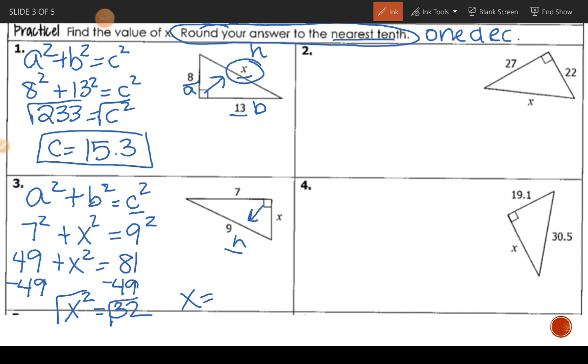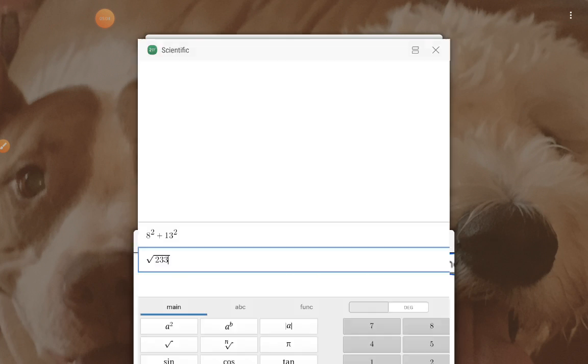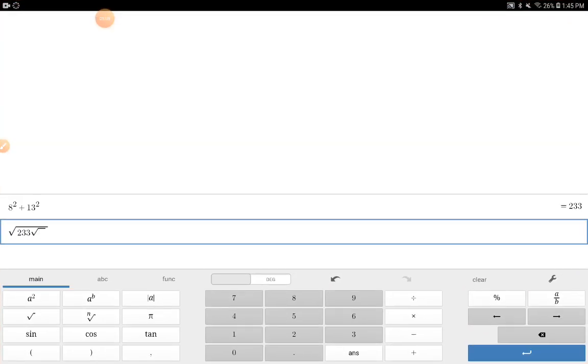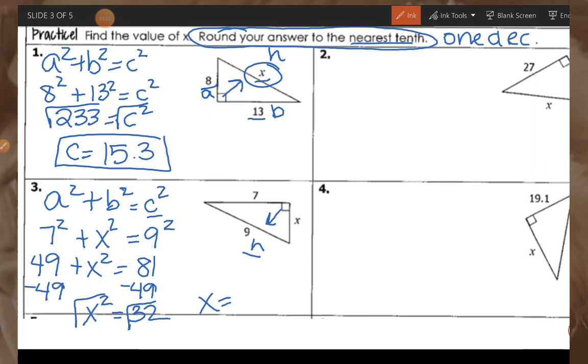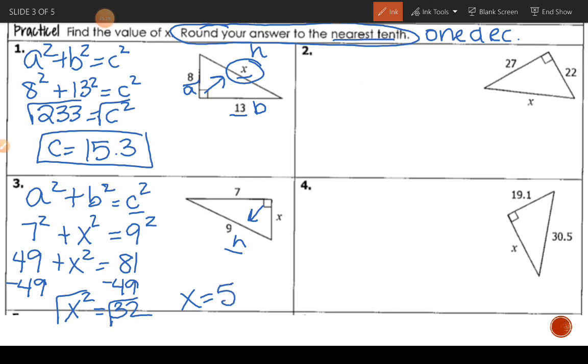So I'm going to go to our calculator and do the square root of 32. And we get 5.65. Again, that second 5 is going to make that 6 round up. So 5.7 would be our answer.